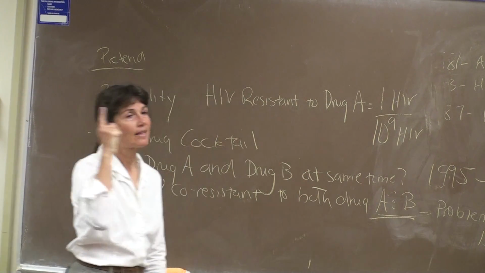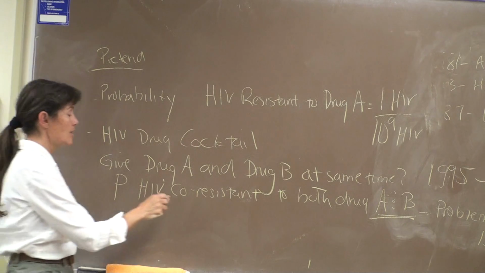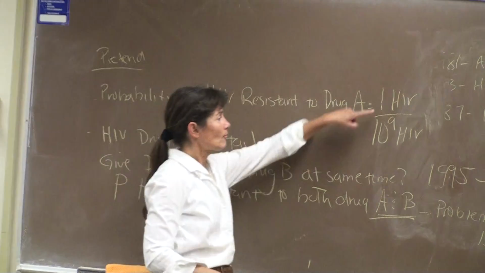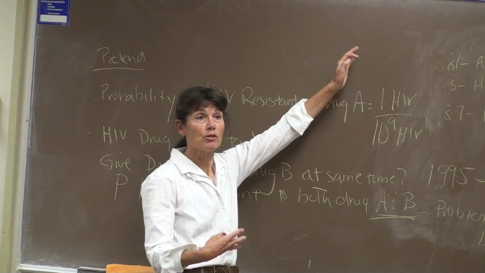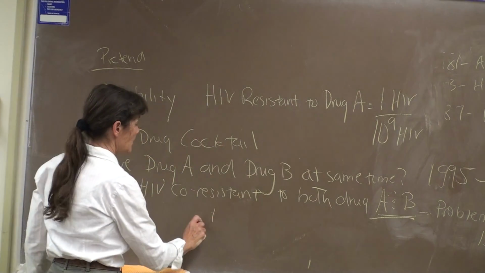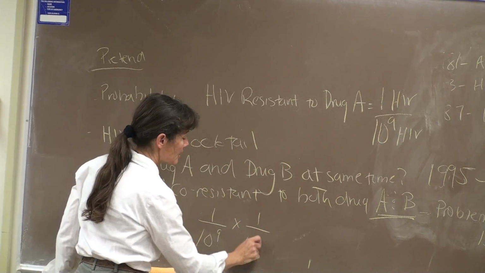Okay, so we have to get a single HIV mutant that is resistant to both drugs at the same time. And the power of this is that you multiply the probability of a single mutation leading to a single drug resistance. So it's 1 over 10 to the 9 times 1 over 10 to the 9.